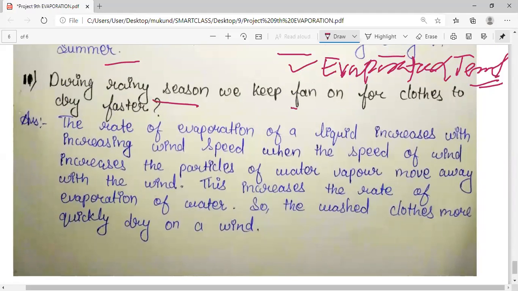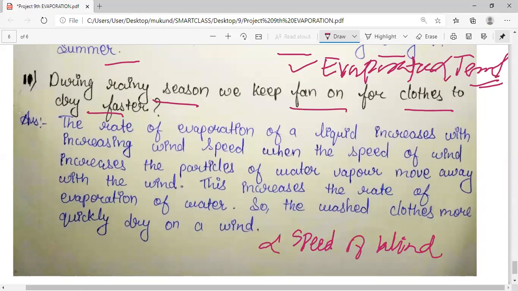During the rainy season, we keep the fan on for the clothes to dry faster. When we keep the fan on, the speed of wind increases. The rate of evaporation is directly proportional to the speed of wind, so if the speed of wind is increased, the rate of evaporation increases, and that is why the clothes dry faster.